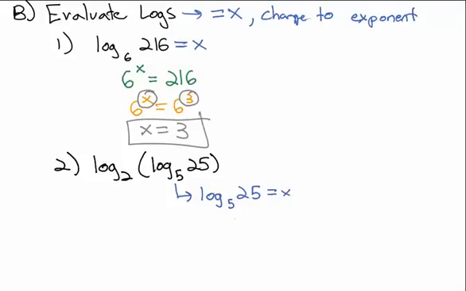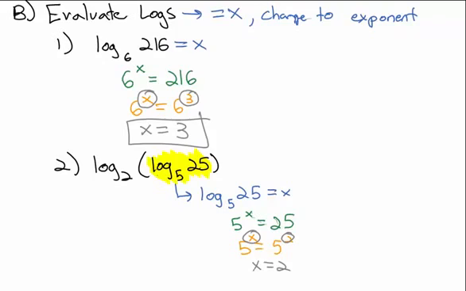And when we change this to an exponent, we have 5 to the x equals 25. And 25 we know is 5 squared. And so the exponents must be equal, x must equal 2. Which means that all this stuff in the parentheses must equal 2.